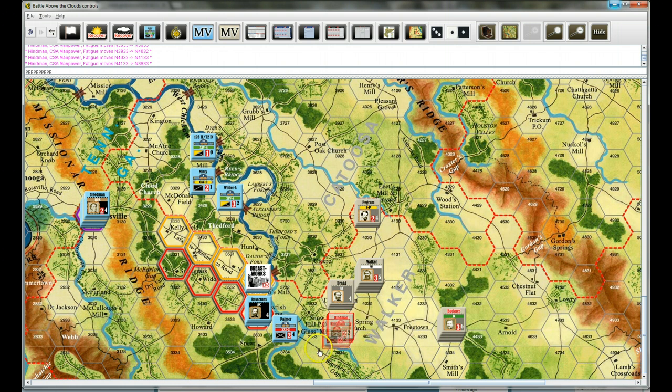You can always just move them from there to there, and let's say he wanted to move into the trees here on his next action, but he didn't have enough movement points, he could always do that and just move 1 hex.